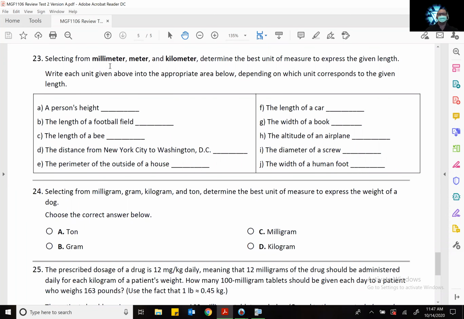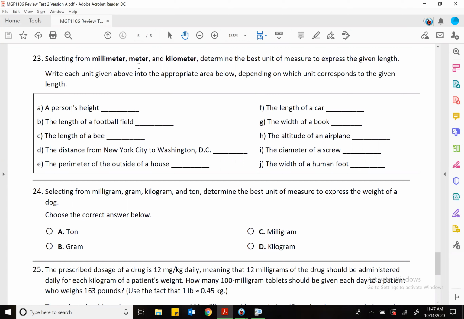But millimeter, think tiny, like the length of a pill is measured in millimeters. Meters, think like feet and yards.